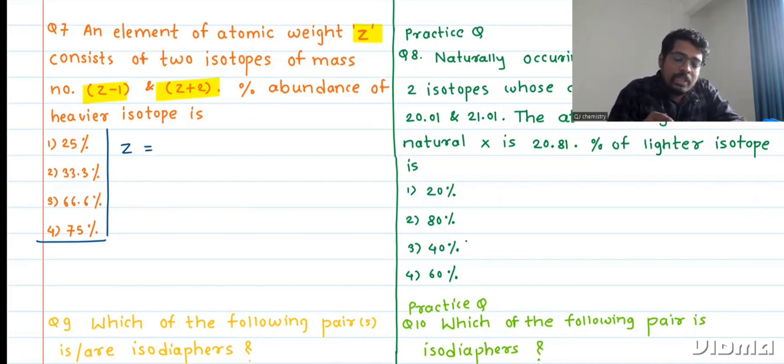Now let us consider the percentage of the first isotope as X and the second isotope as 100 minus X percentage. Now substitute the values.